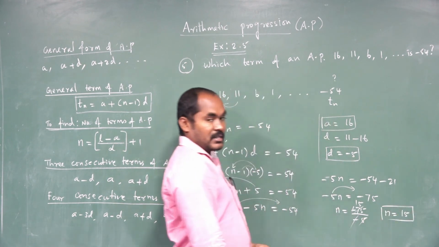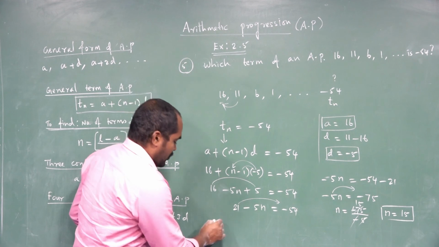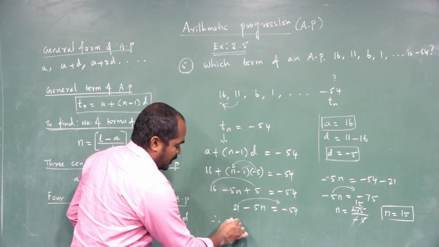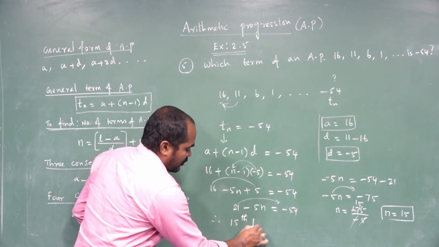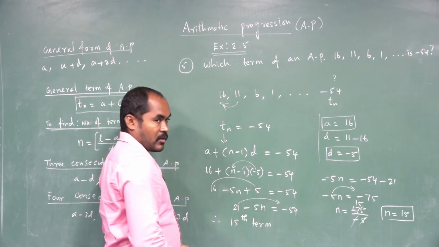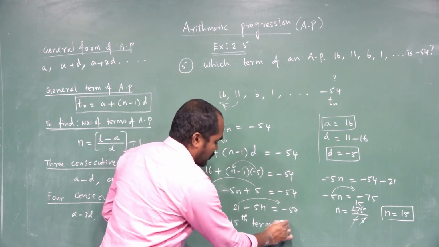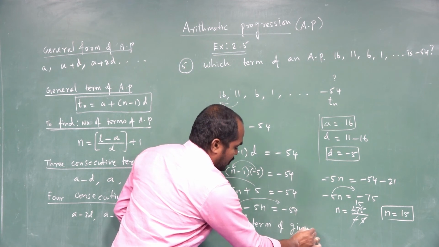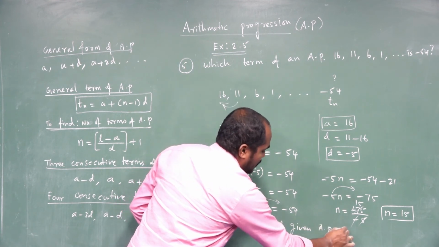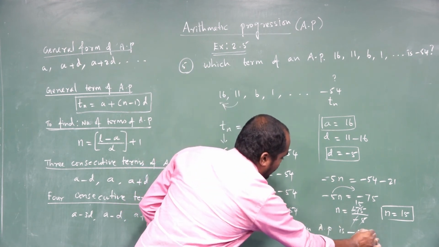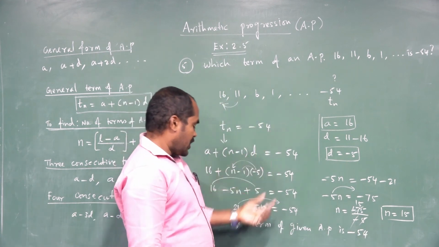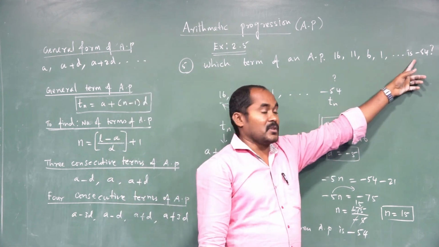Therefore, T15, that is the 15th term of the given AP is minus 54. So the 15th term is minus 54.